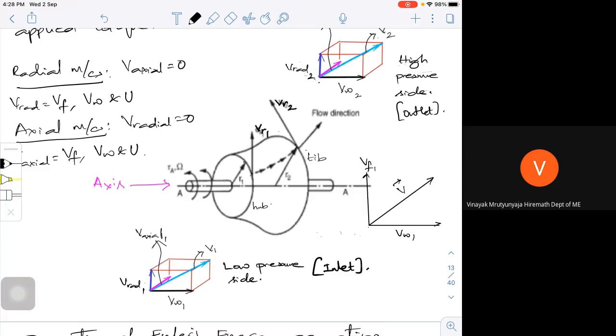So the absolute velocity is resolved into two components: one in the tangential direction, that is VW, our whirl direction, and the other in the radial direction, which is VF.